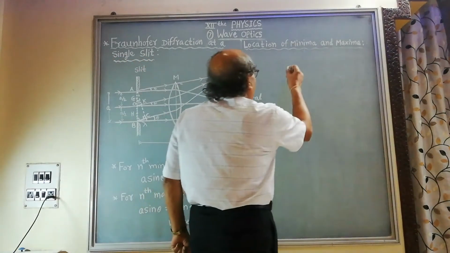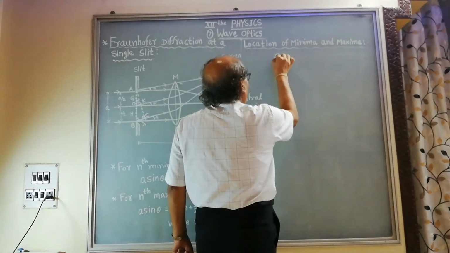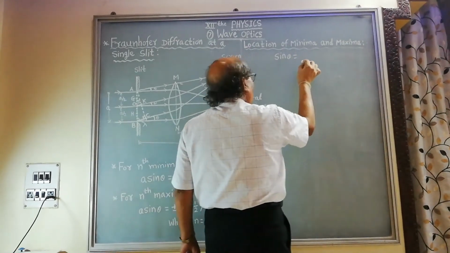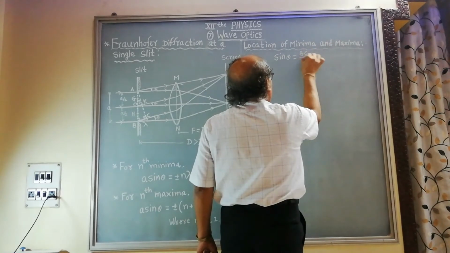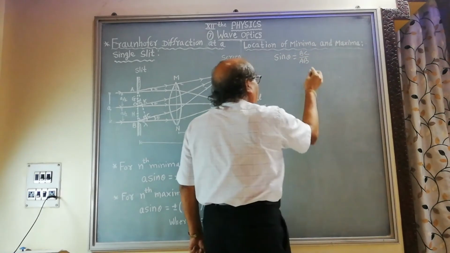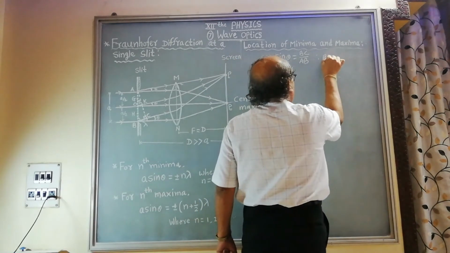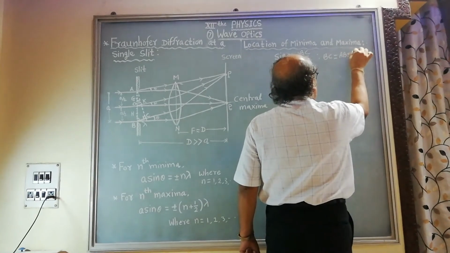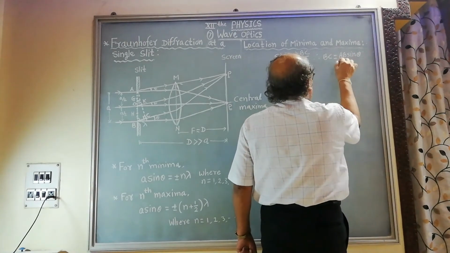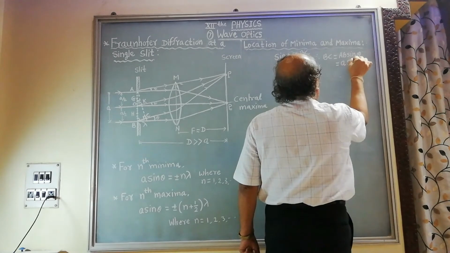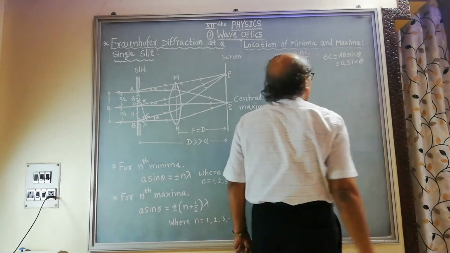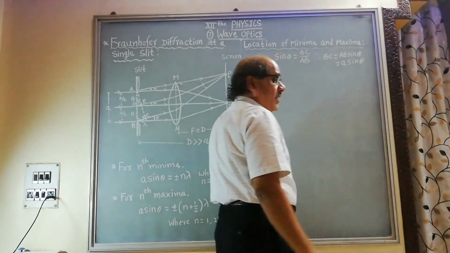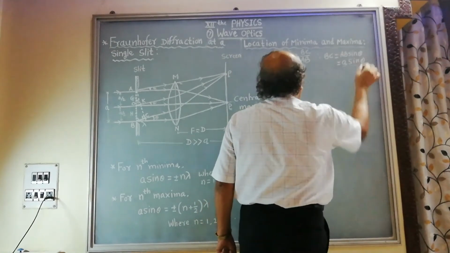So by geometry we have sin theta equal to BC upon AB. Therefore BC is equal to AB sin theta, but AB is the slit width, that is A. So the path difference BC is equal to A sin theta. So this is the path difference.